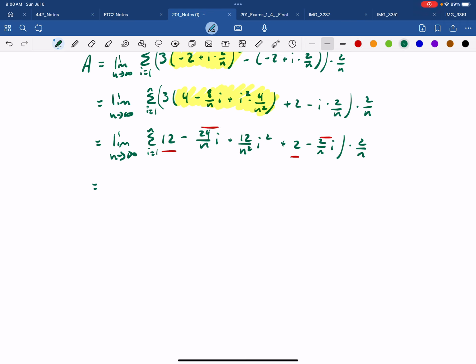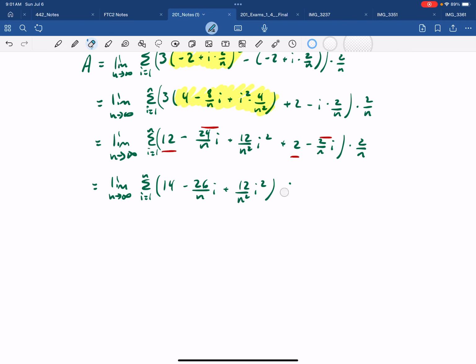So let's just get the limit as n approaches infinity of the sum from 1 to n of, let's see what we get here. Oh, I forgot to put that there. Okay, so this is 14 minus 26 over n i plus 12 over n squared i squared, all times 2 over n.